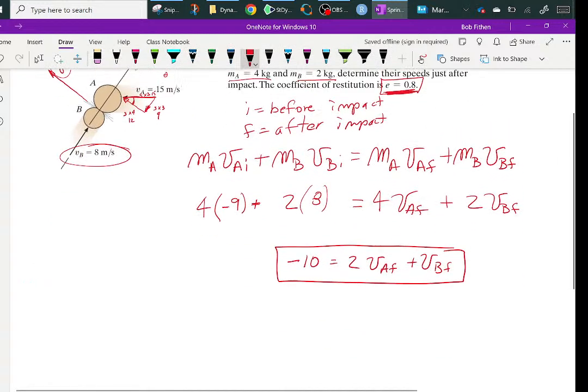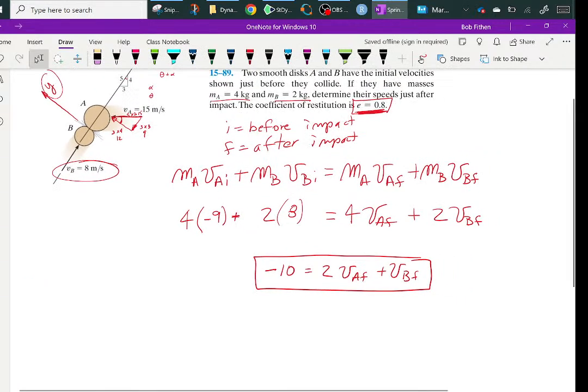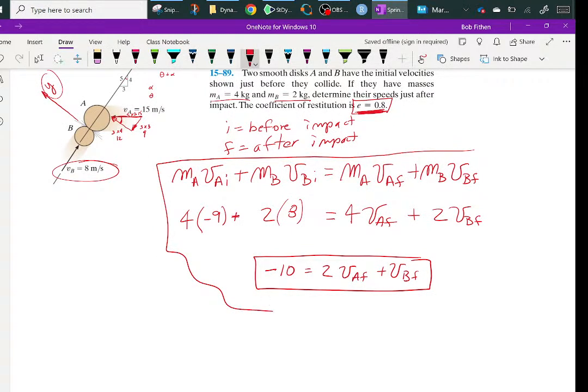And so if that's the case, now I should have put a subscript all along here. But this is along the X direction.